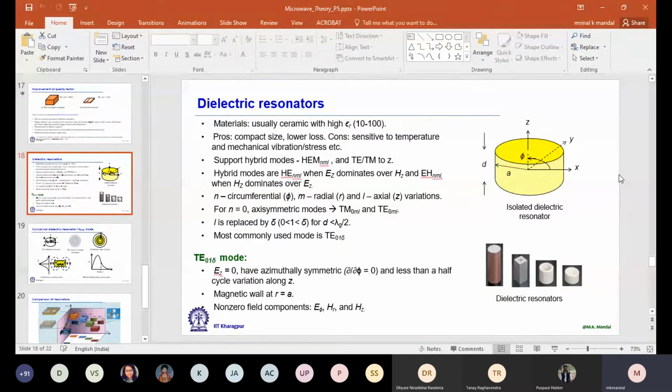When Ez dominates over Hz, so Ez is the significant component, we call it an HE type mode. And when Hz dominates over Ez, we call it an EH type mode.